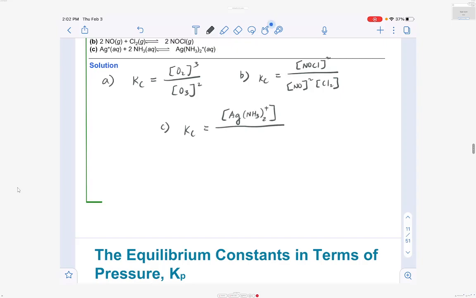Divided by the reactant concentrations raised to the power equal to the coefficient. Silver, Ag plus, has 1, so I'm not going to put anything. Ammonia has a coefficient of 2, so I'm going to raise it to the second power. So that's going to be the Kc for reaction C.